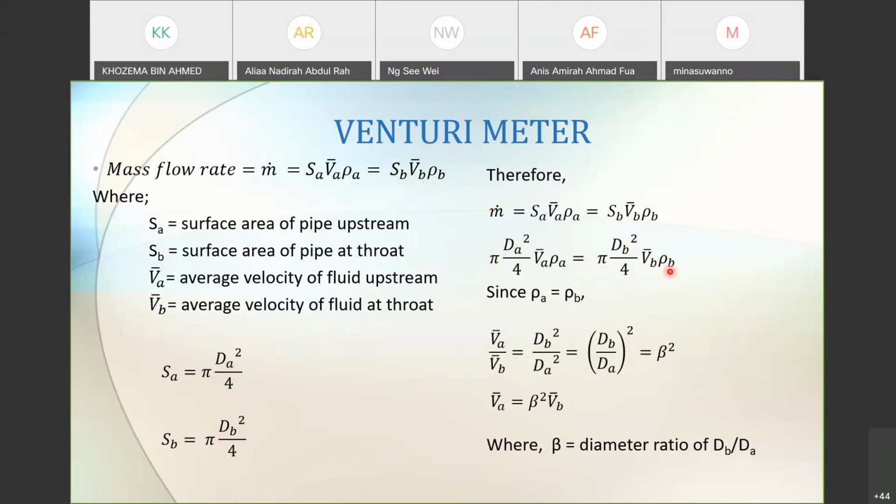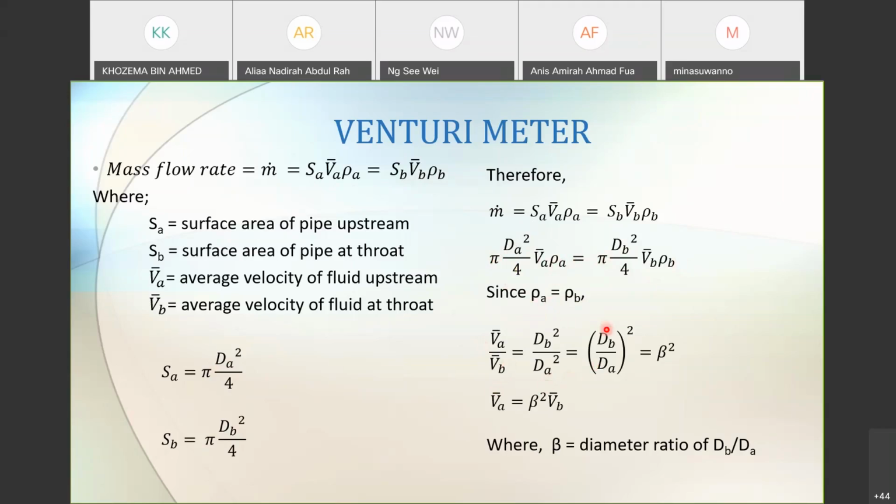Now since the fluid flowing at point A and point B is the same fluid, we can say that the density of the fluid will be the same. So rho A is equal to rho B. By cancelling out the pi, 4 and rho terms, we are left with this equation.